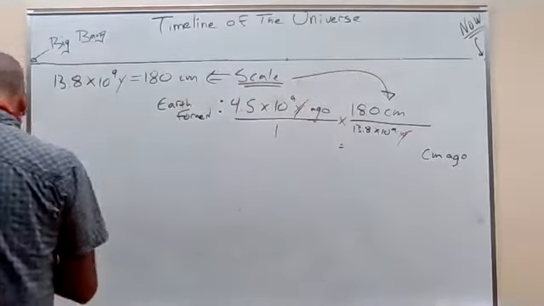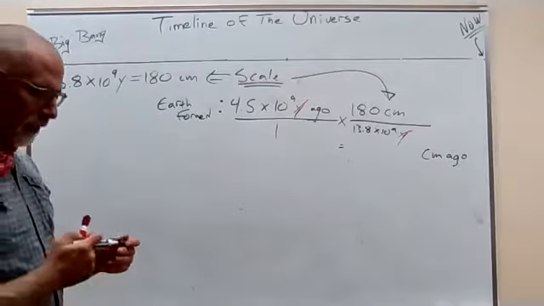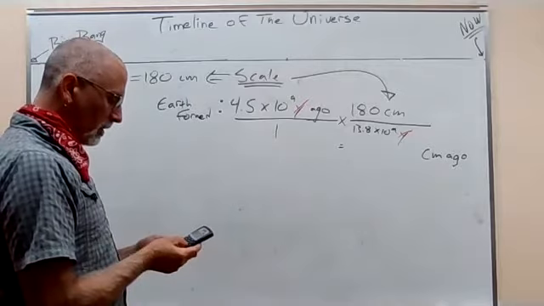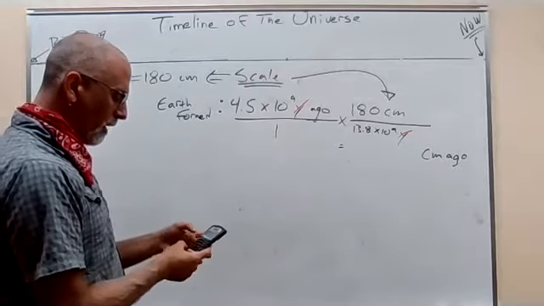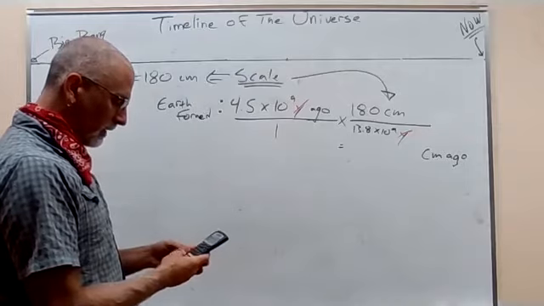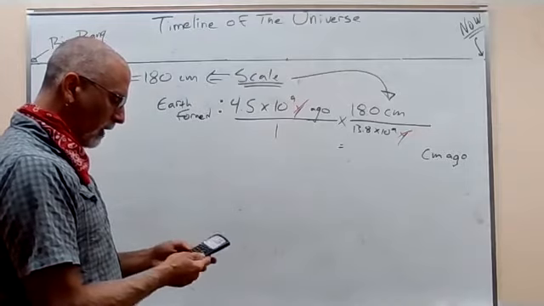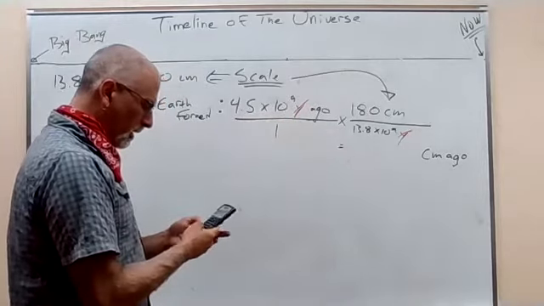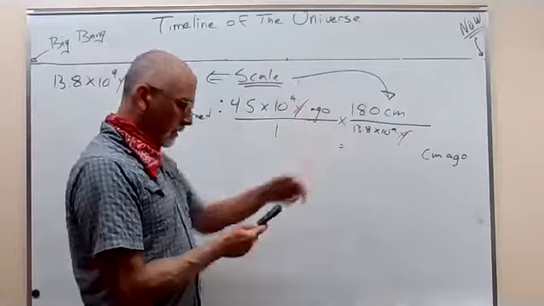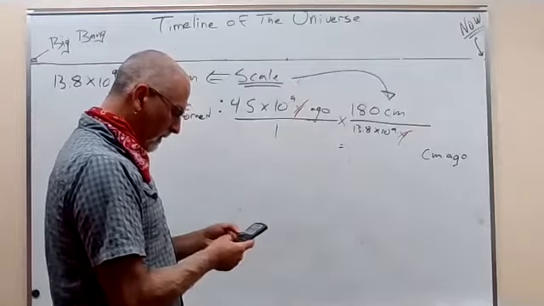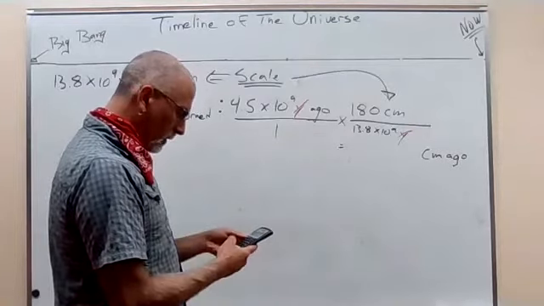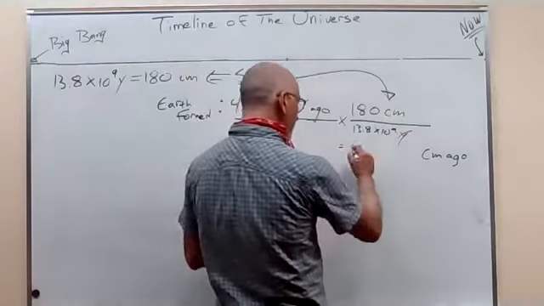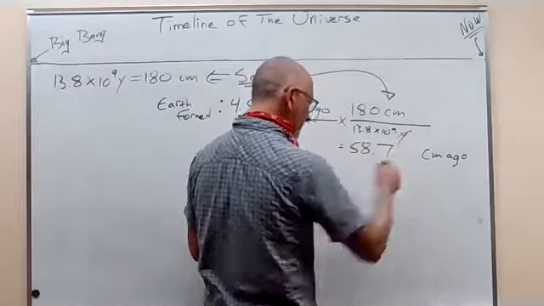And if I do a little math, we're doing math with fractions. I got my calculator. I know it's been a while since you guys have used calculators. I've got to know how to use scientific notation on my calculator. 4.5 times 10 to the 9th times 180 divided by 13.8 second function E9 equals 58.7. 58.7 centimeters ago.